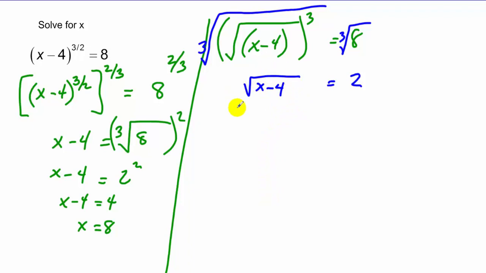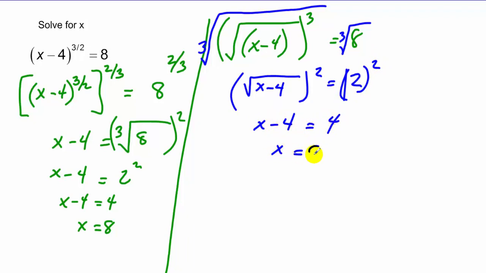Then if I want to undo a square root, I'd have to square both sides, like so. This gives me x minus 4 is equal to 4 and x equals 8. Either way is fine. I typically will look to do the raising of the reciprocal power.